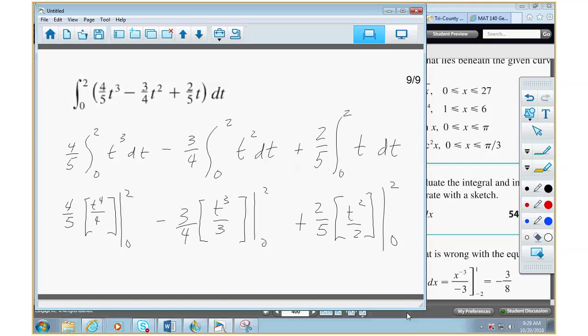Now, do you have to do the 0s and 2s at each one, or can you just wait at the end? You can wait at the very end. That doesn't matter. You can pull the 0 to 2 out here and say 0 to 2 antiderivative, and then make a bracket, and then do antiderivative of 4/5 antiderivative t to the third minus 3/4 antiderivative t squared plus 2/5 antiderivative t, close bracket.